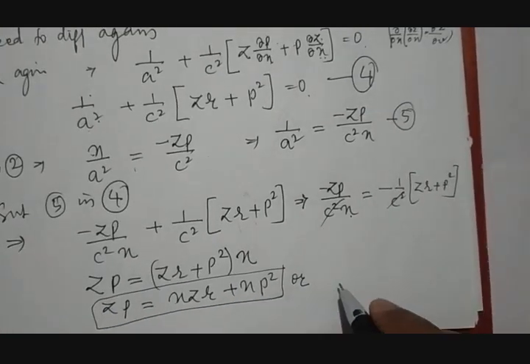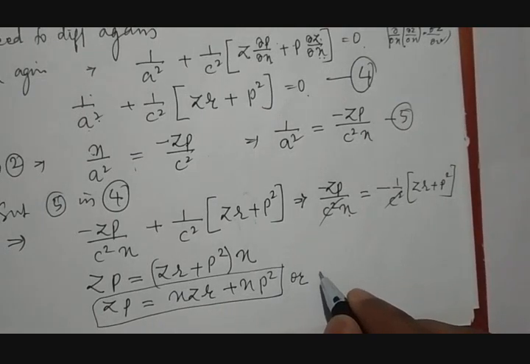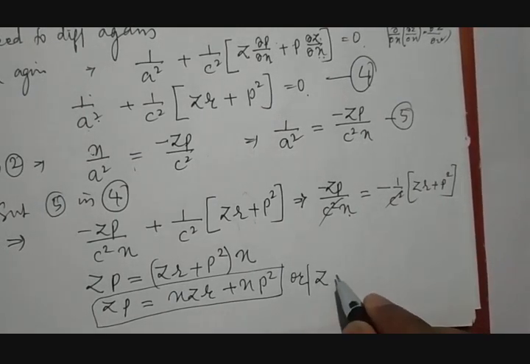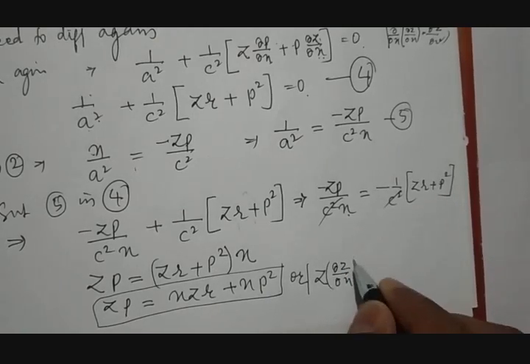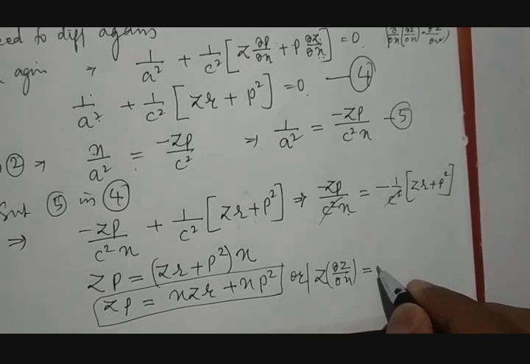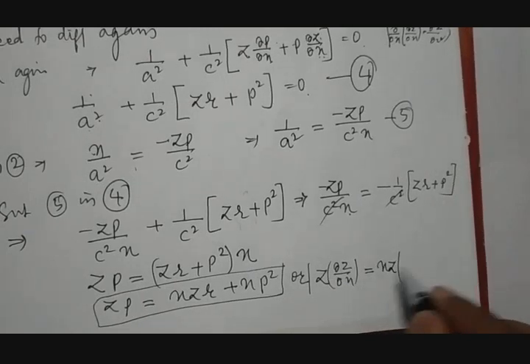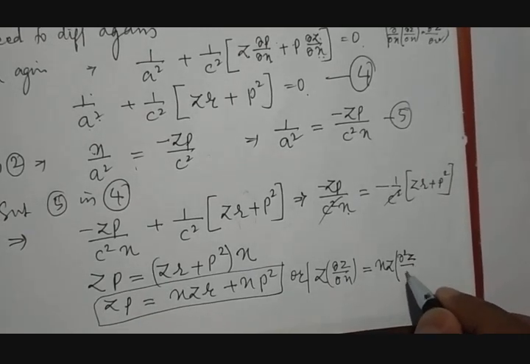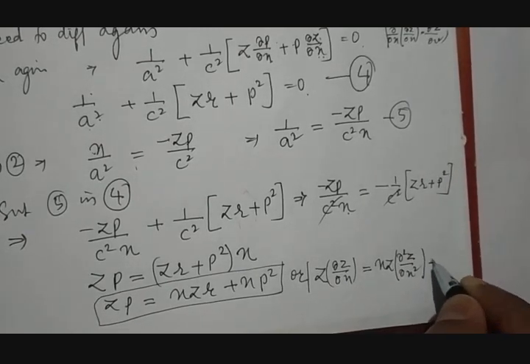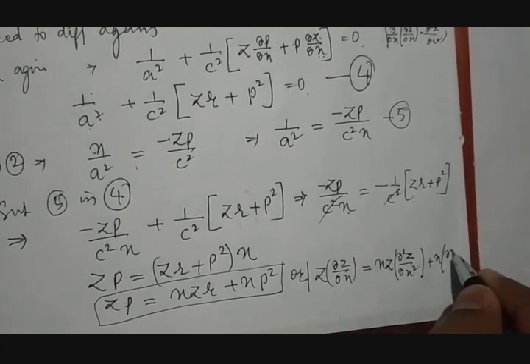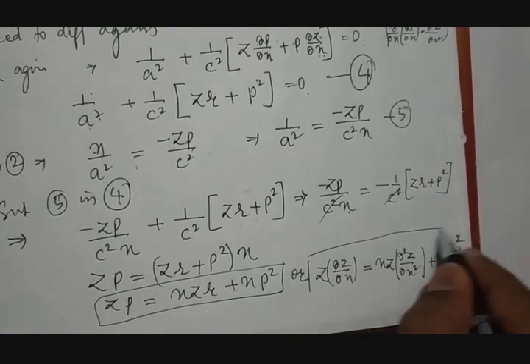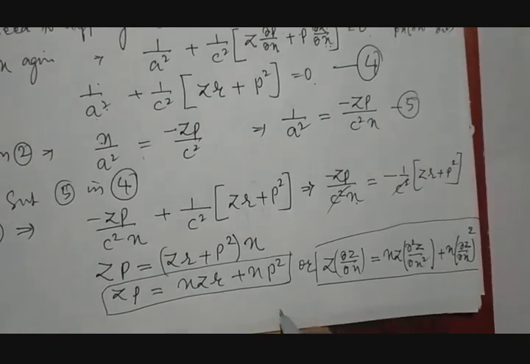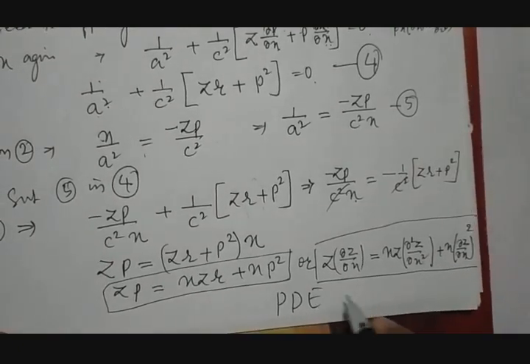Or this can be written as, we all know z, p is nothing but dou z by dou x, is equal to xz, and r is nothing but dou square z by dou x square, plus x into p is nothing but dou z by dou x the square. So this is the required partial differential equation.